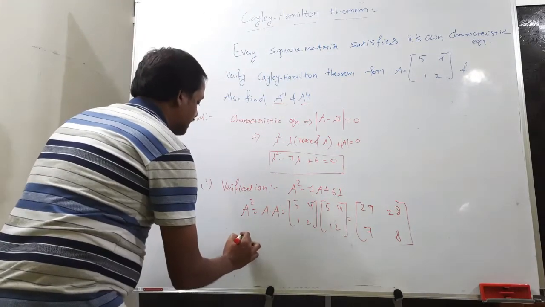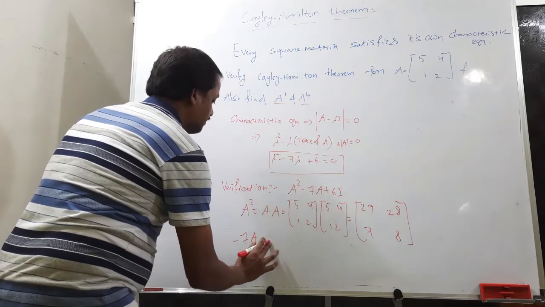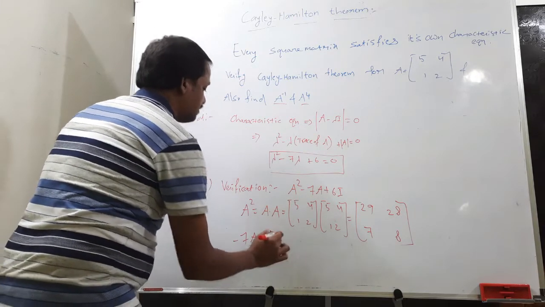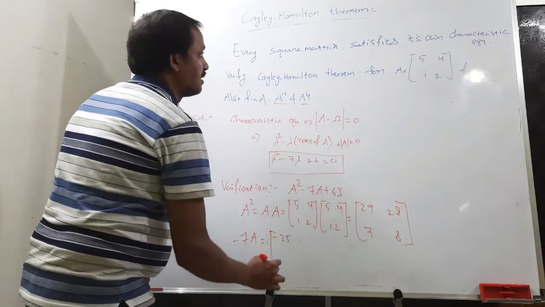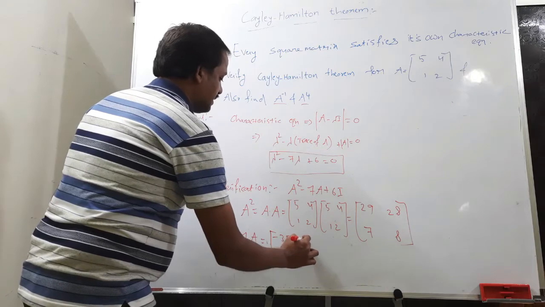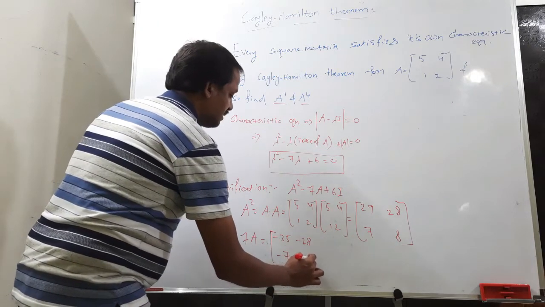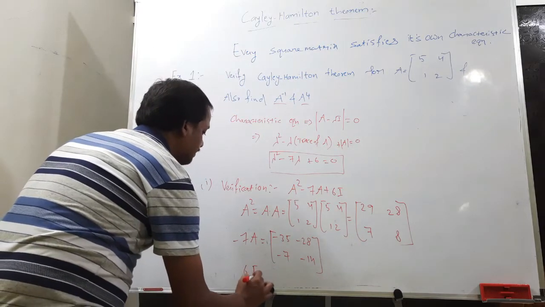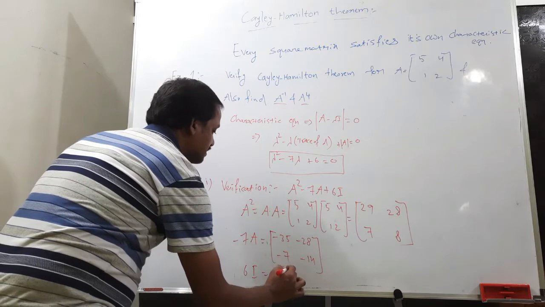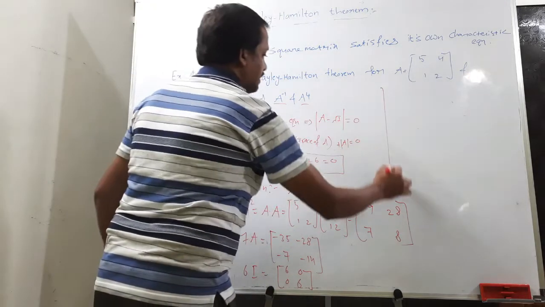So next thing is minus 7A, 7 times A. So minus 7 times A, already A is there, so you need to multiply with minus 7: minus 35, minus 28, minus 7, minus 14. What about 6I? 6 into identity matrix means 6 0 0 6.